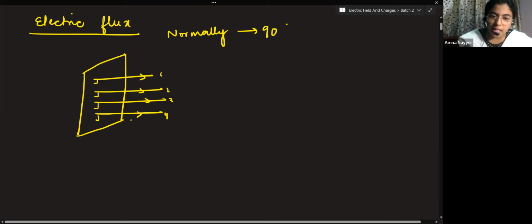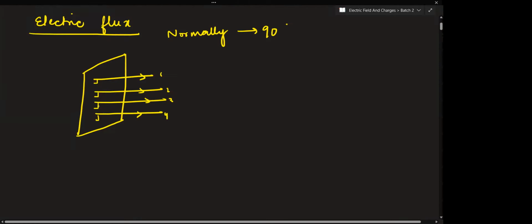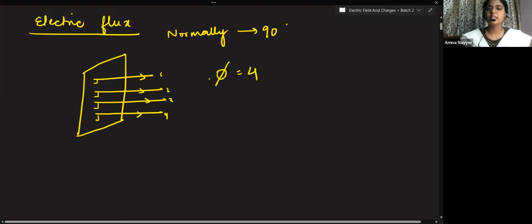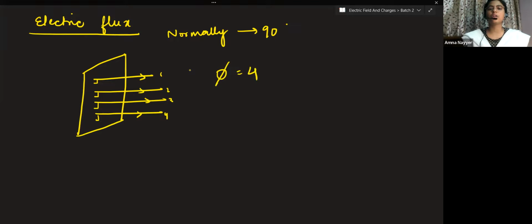So all the electric field lines which are crossing this area normally, that is known as electric flux. How many lines are crossing this area normally? 4. So electric flux will be 4. This is the representation of electric flux.